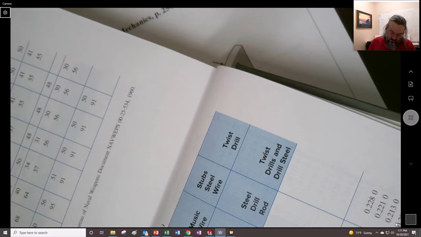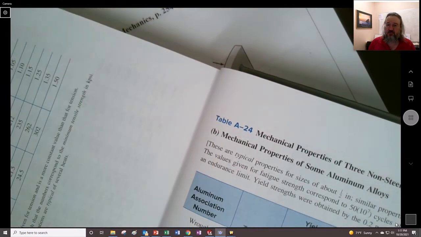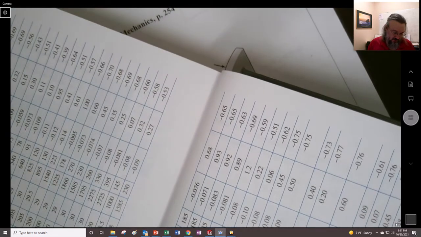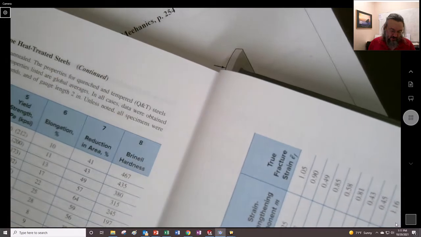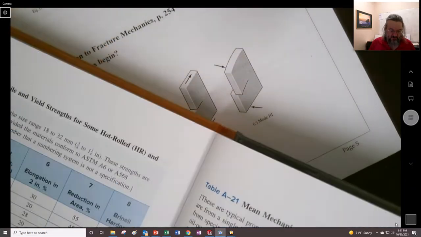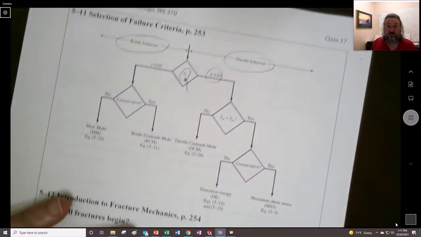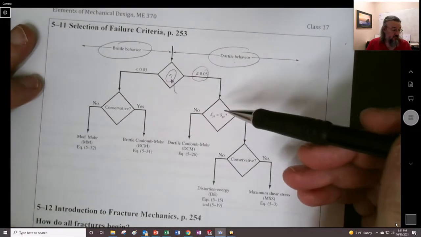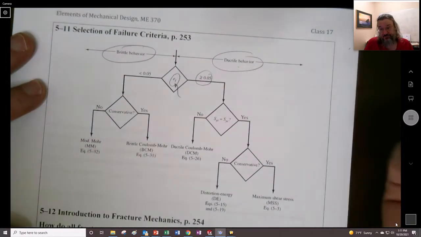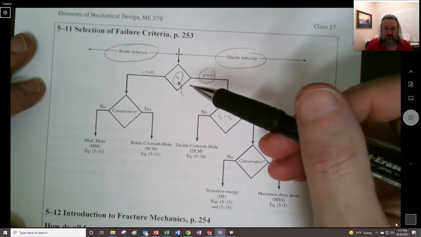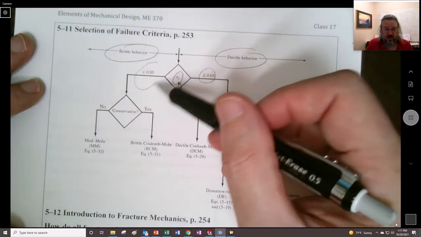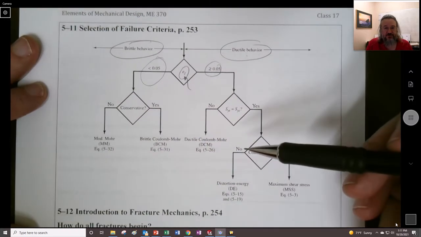I wish they had some more examples where we would be able to use this figure, but I guess in general, if we consider the material brittle, this is another piece of information that we could use to try to decide.